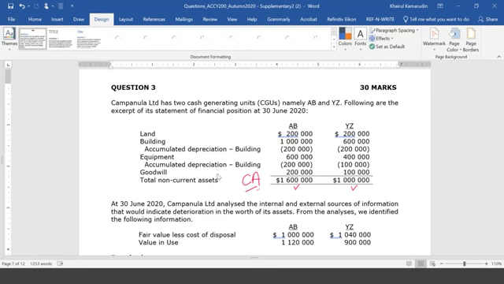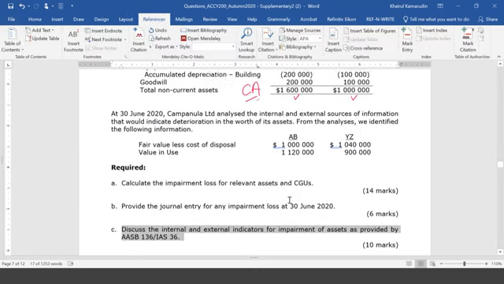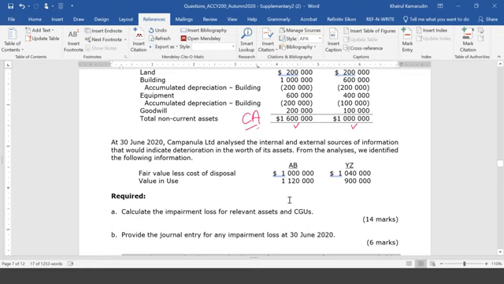On 30th June 2020, Campanula Limited analyzed the internal and external sources of information that would indicate deterioration of the worth of its assets.